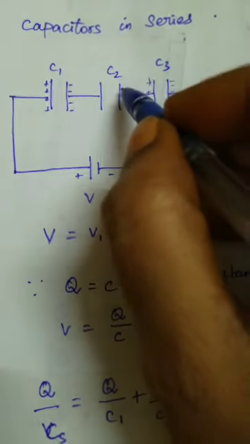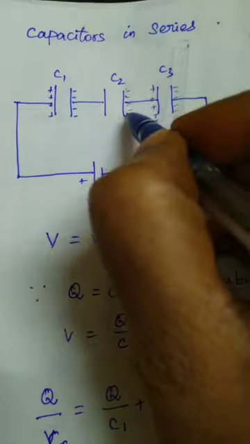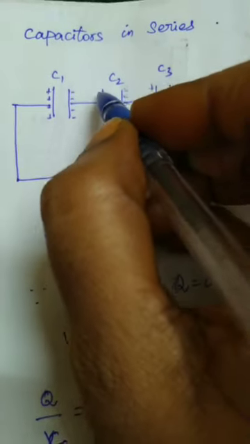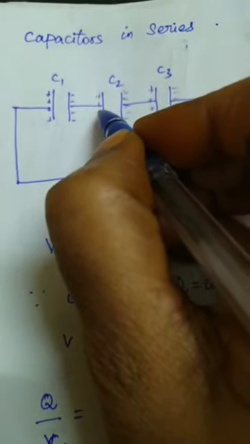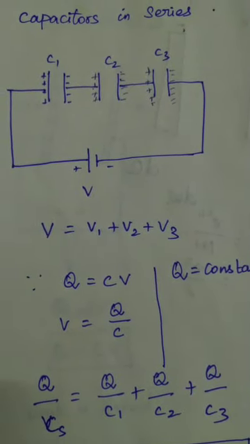And this positive charge attracts electrons, and here the negative charge will be developed. Then the negative charge repels the electrons, that is, the positive charge, from here to here, right?